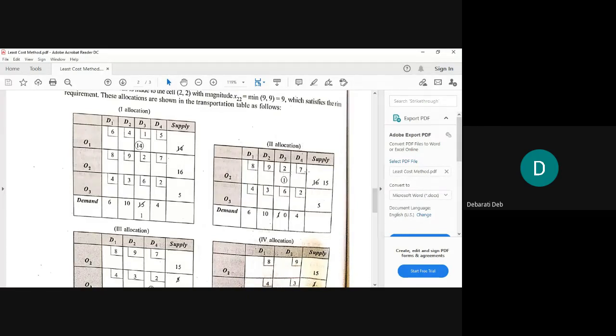Don't write the circled part and the struck off part. You will just write the boxes. Corresponding to O2, you will write 8, 9, 2, 7, and under supply, you will write 16.